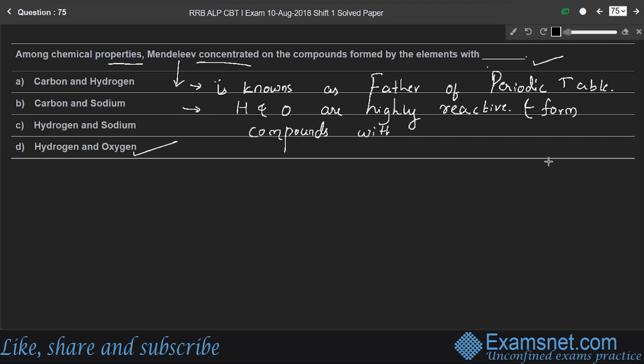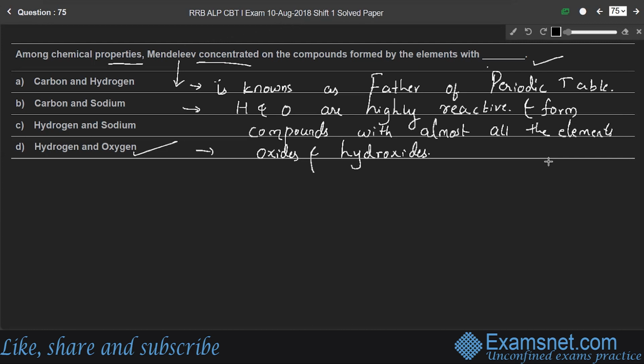So he concentrated on the oxides and hydroxides of various elements to study their chemical properties. Therefore, for the given question, Dmitry Mendeleev concentrated on compounds formed by the elements with hydrogen and oxygen.